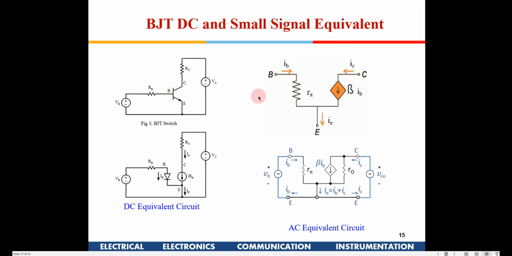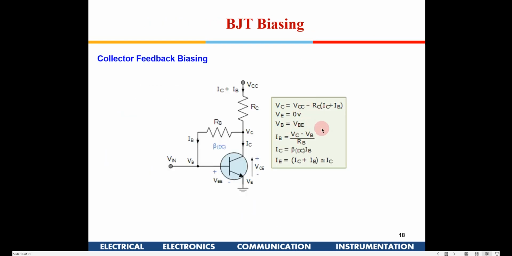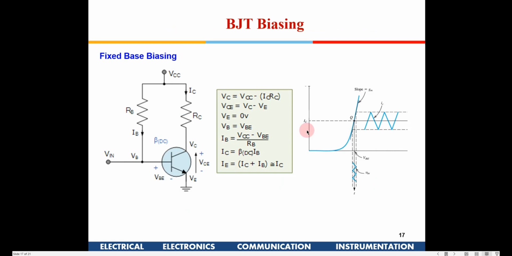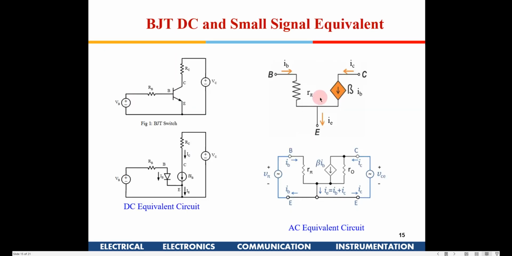If you have to compute the DC currents here, then I am going to use these equations. Only when I am going to do analysis of a small signal, I am going to replace this with the small signal equivalent out here, right.